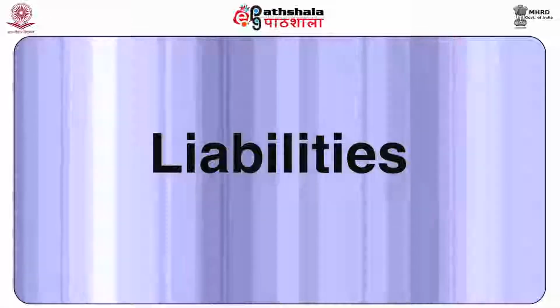Second classification is liabilities. It is an obligation of the entity in favor of outsiders. It involves future outflow of the resources of the entity. It represents amount of money that the business owes to parties other than the owner.